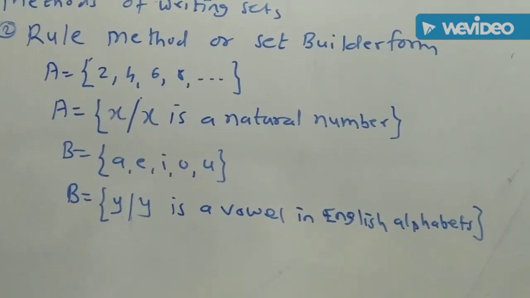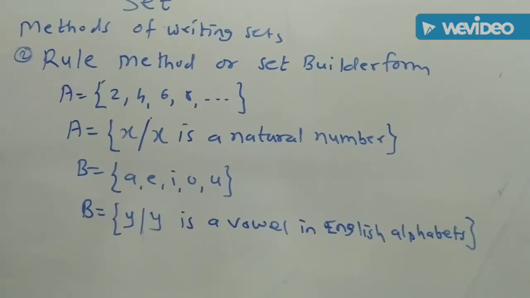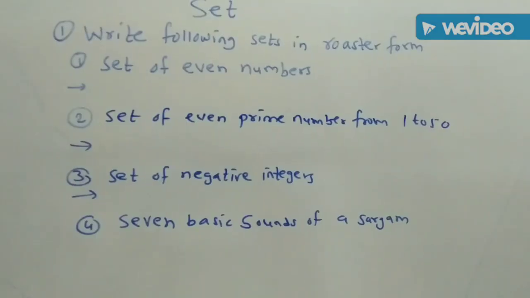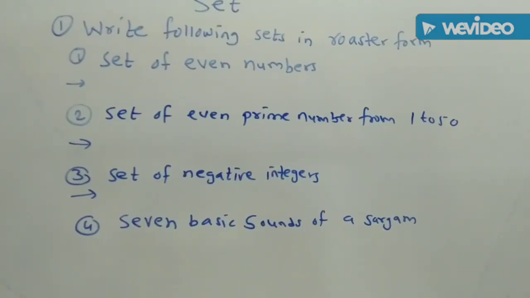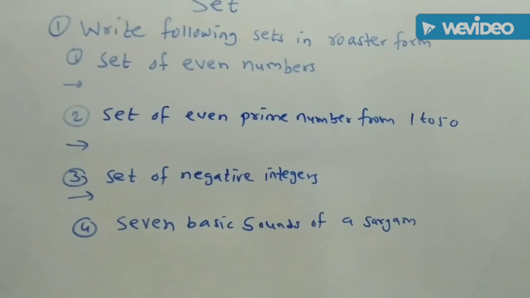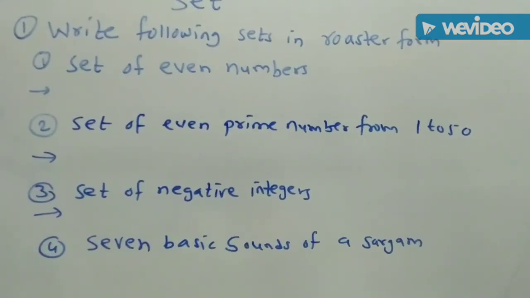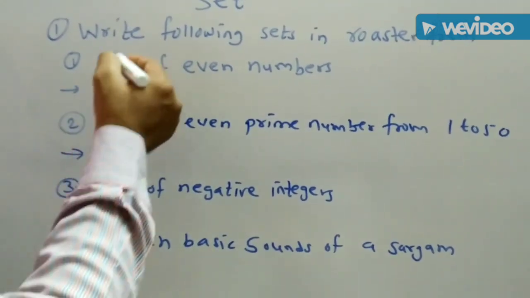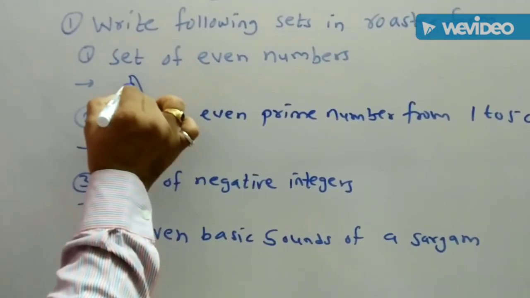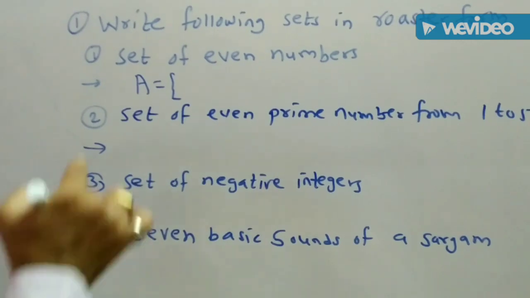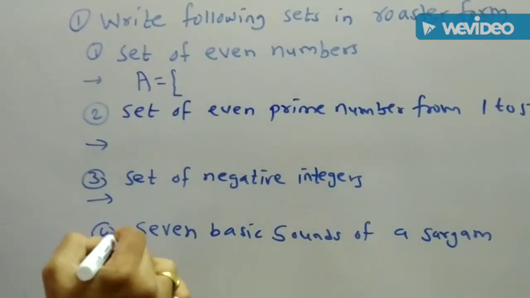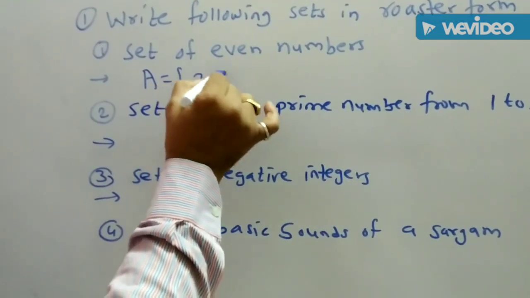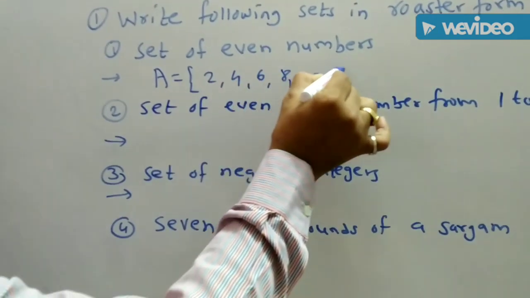Now we see the examples of practice set 1.1. First example is: write the following sets in roster form. First is the set of even numbers. We write any alphabet for the given set, A, set of all the even natural numbers, that is 2, 4, 6, 8, and so on.